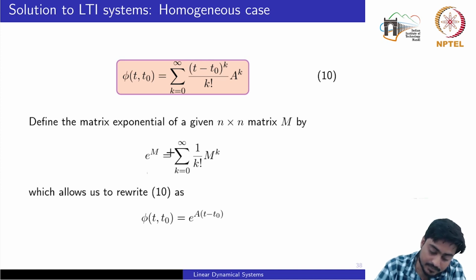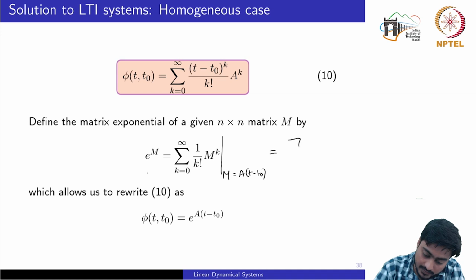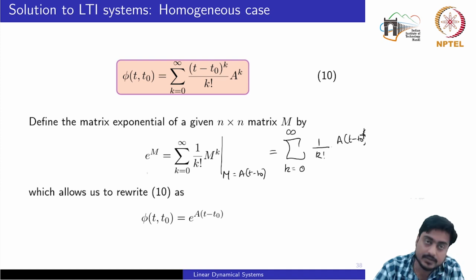If I replace M by A(t minus t0) here, I would have the summation over k equal to 0 to infinity of 1 over k factorial, and M is basically A(t minus t0) to the power k.